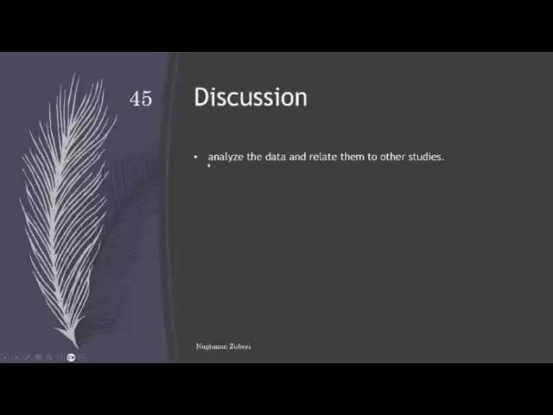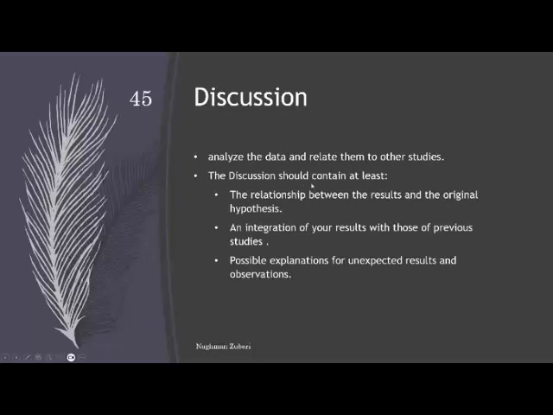In the discussion section, analyze the data and relate them to other studies. The discussion should contain at least the relationship between the results and the original hypothesis, an integration of your results with those of previous studies, possible explanations for some unexpected results, and observations if there are any.